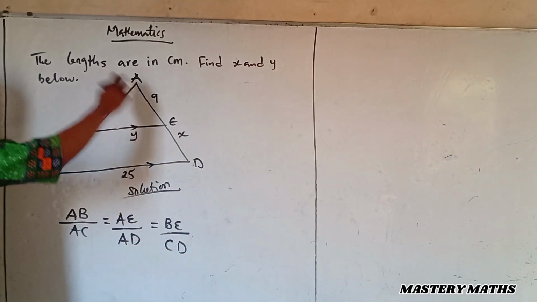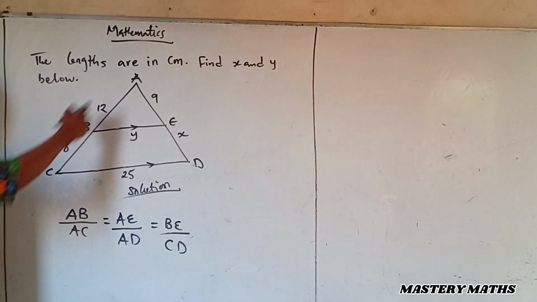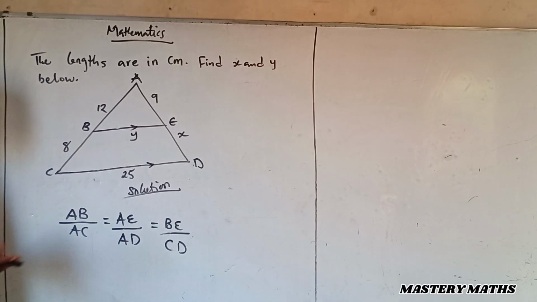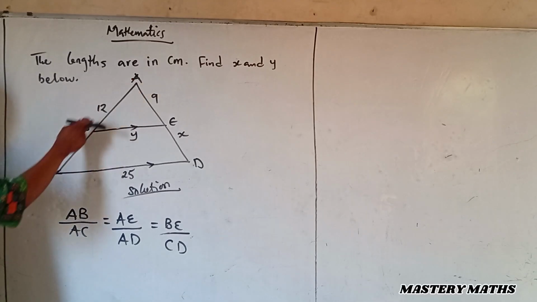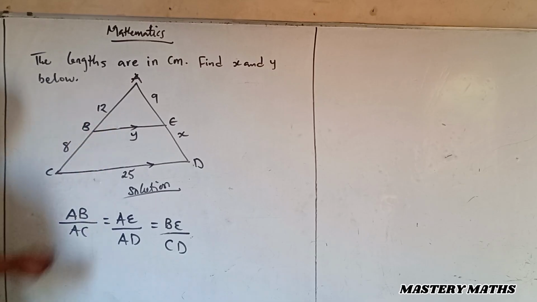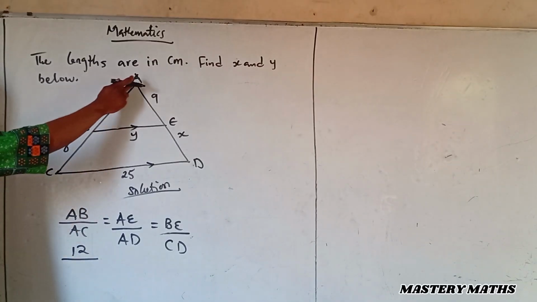So after listing out the alphabet there, now we need to put the numbers in between them. And what are the numbers? Now check. Your AB is 12. You have your 12 over your AC.